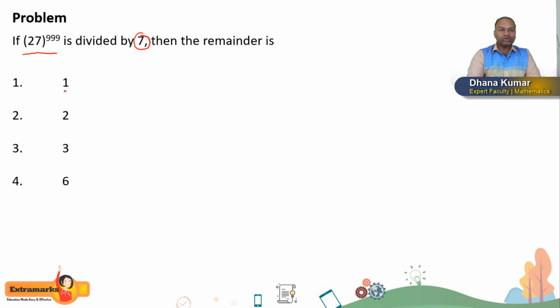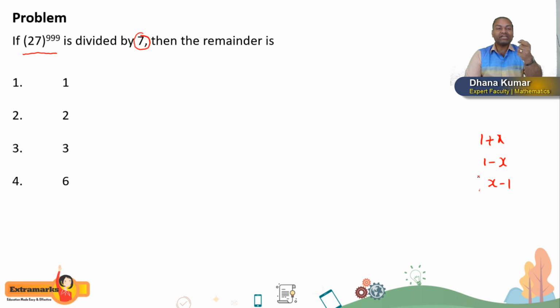Better you convert this base into either 1 plus x or 1 minus x or x minus 1 form. Okay, right. And here for this question, x must be either 7 or multiple of 7.